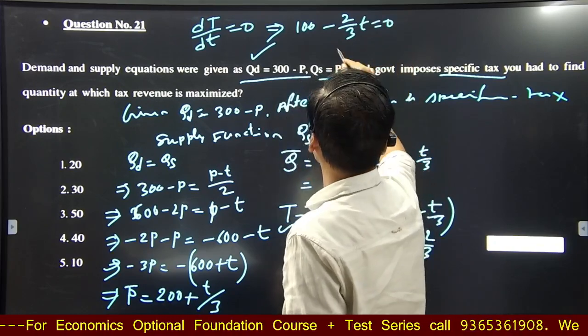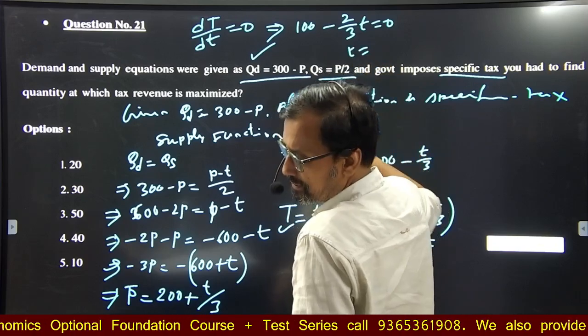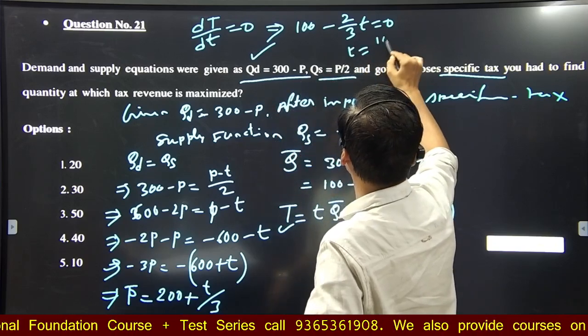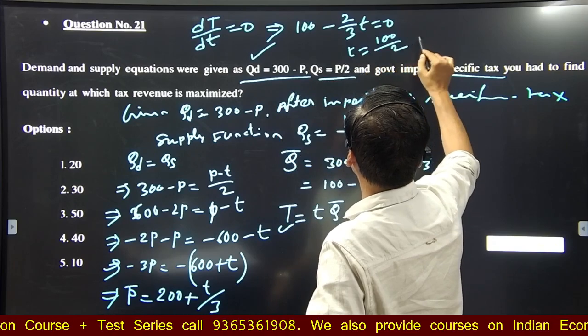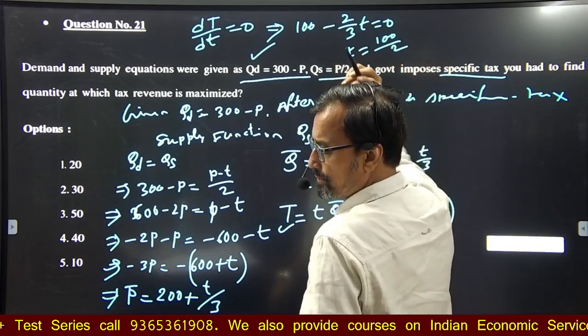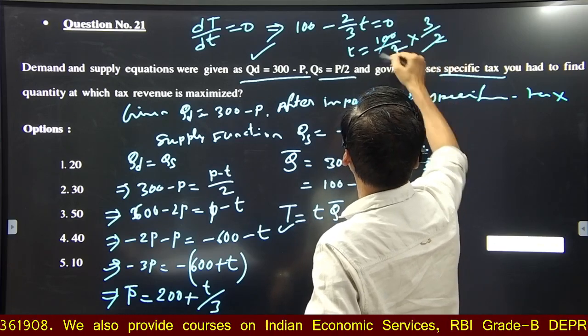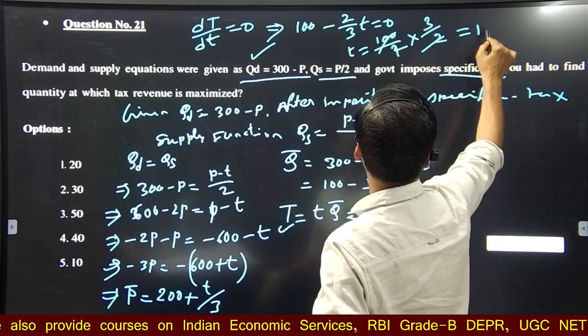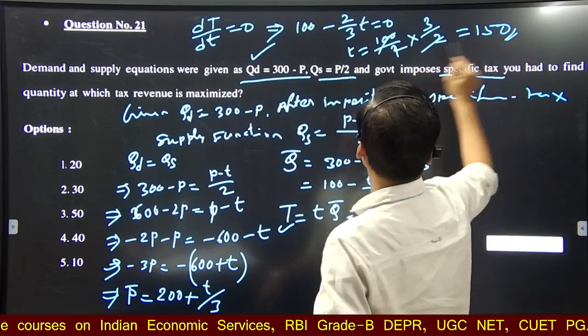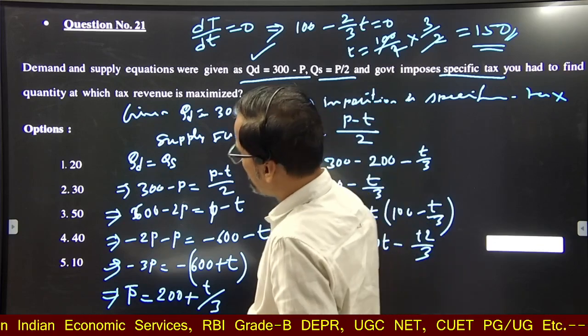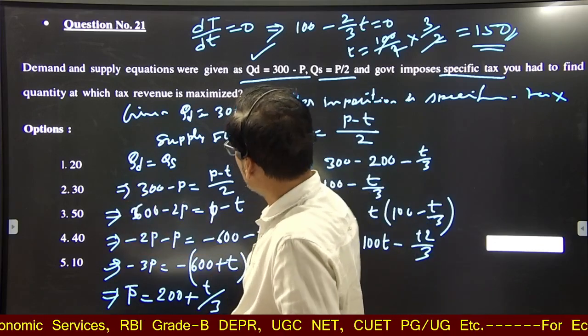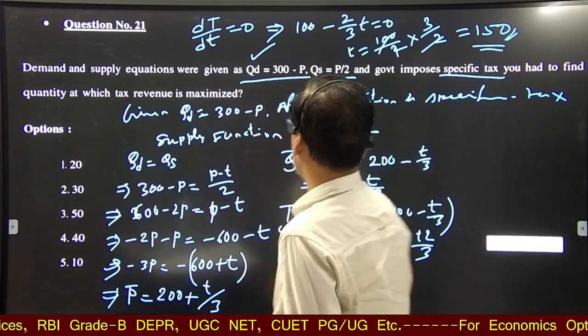So ultimately T is equal to 100 by 2 into 3, which is 150. So the tax rate is 150, but the answer is not there. So something is wrong here, I think.